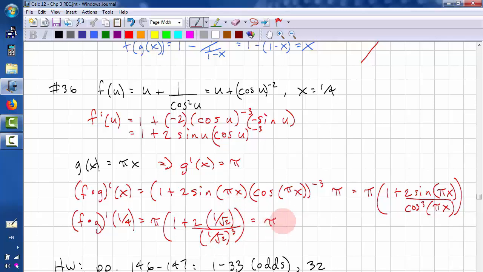And we get pi times 1 plus, so this is going to be root 2. And then we're going to multiply by the reciprocal, which is root 2 cubed. So root 2 to the power 4 is going to be 4. So we have 5 pi. And that completes this lesson.